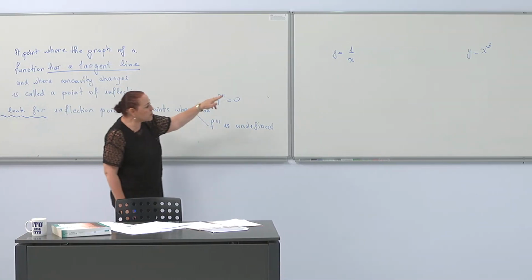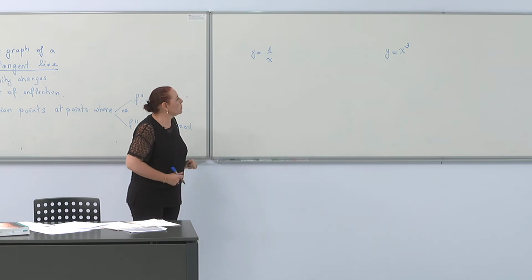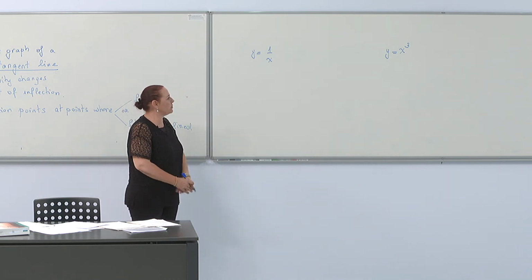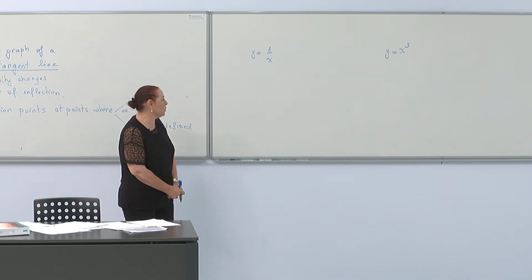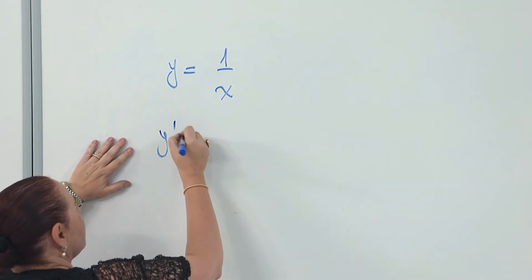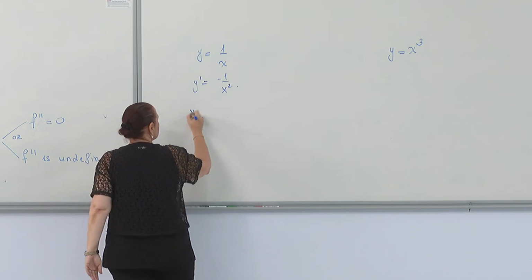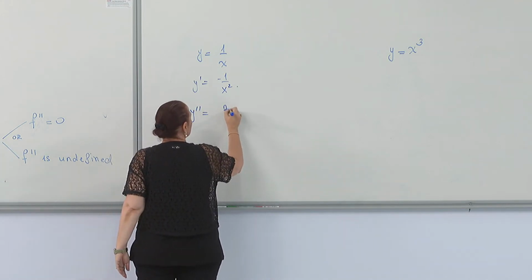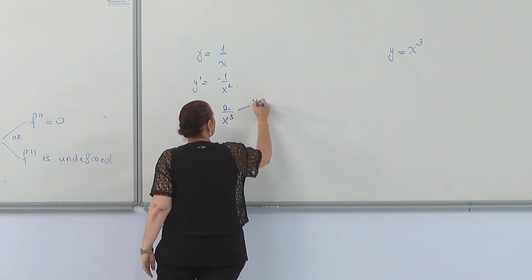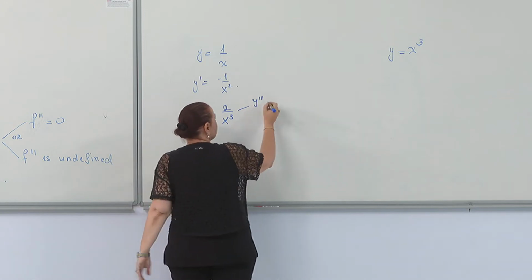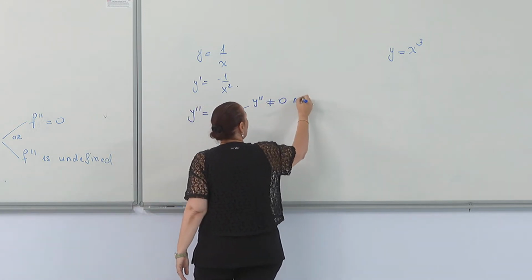Let's take these two examples. They are already known functions and known graphs for you. The first derivative is minus 1 over x squared. The second derivative is 2 over x cubed. The points where the second derivative is 0, there are none.